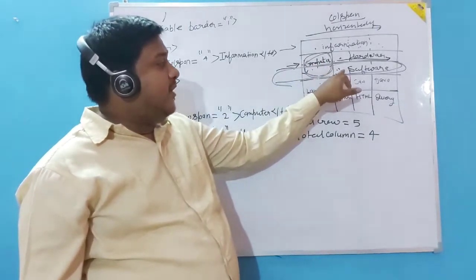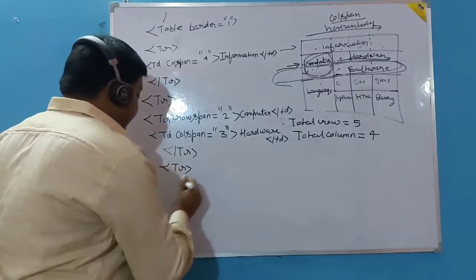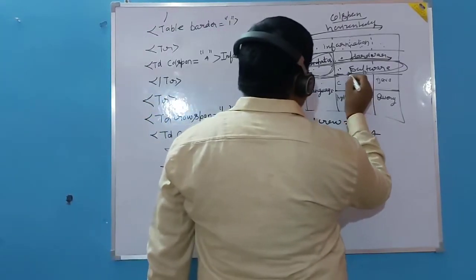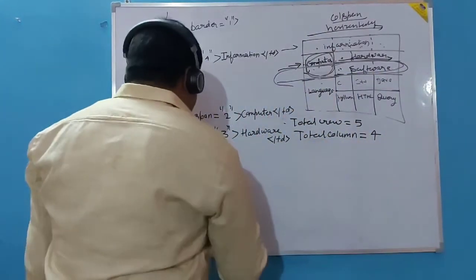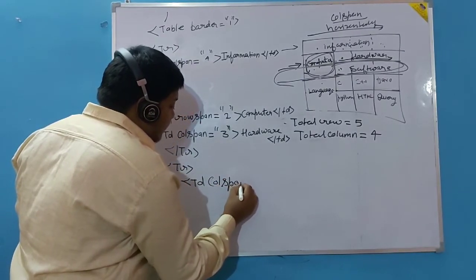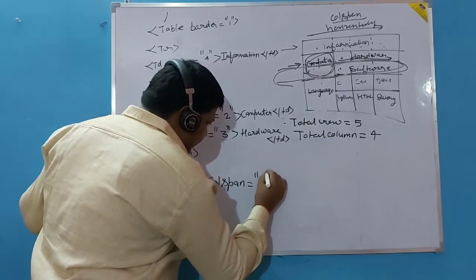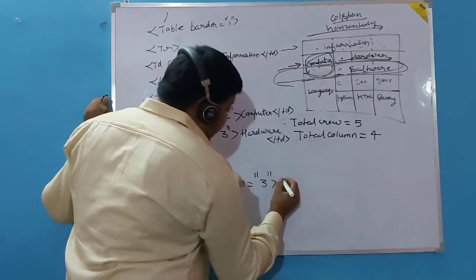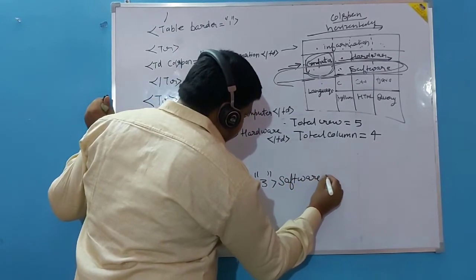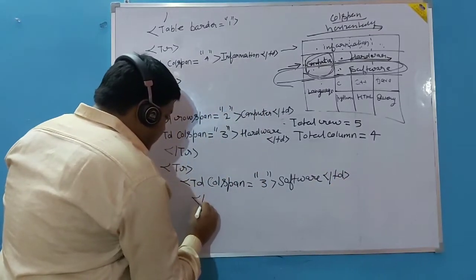So we have this cell only. Clear? So I will write the code for this one, again TD, and here again merging is done in the horizontal way. So I will use here TD colspan is equal to how many cells are merged? 3 cells are merged. So 3, and then I will write here software, and then I will close TD, and again I will close TR.